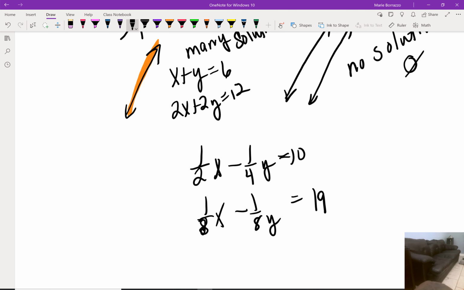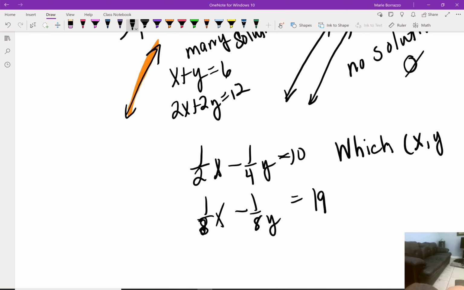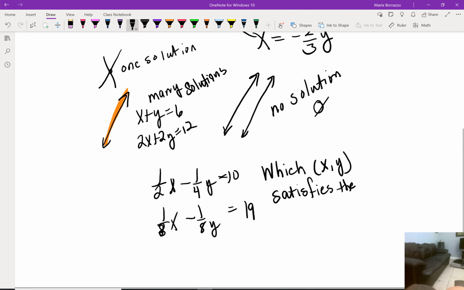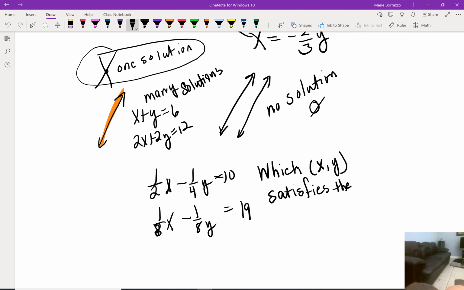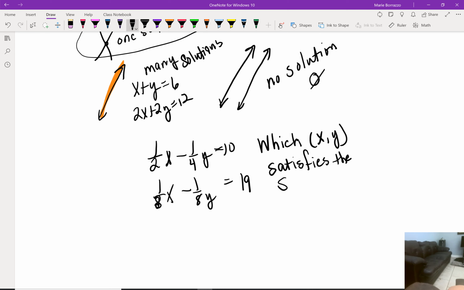Some students will waste time and plug in numbers, which is fine, I guess, but you're going to waste time if you don't solve this quickly. They want to know simply which ordered pair, which x and y solution satisfies the system. So in essence, they're asking you for one solution, technically.